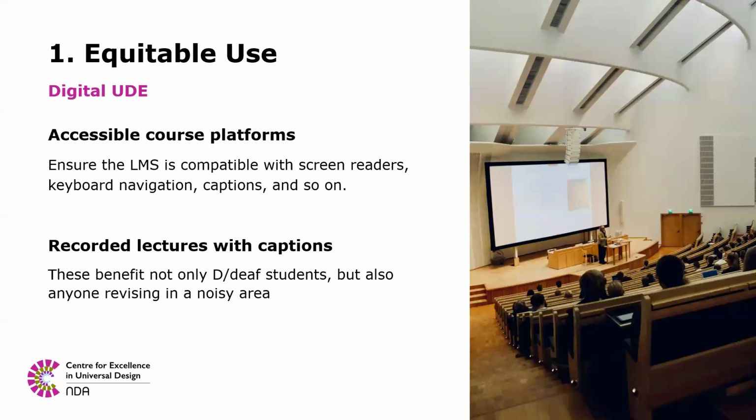So it's a good idea to ensure that the learning management system, the LMS, is compatible with screen readers, keyboard navigation, captions, and so on. Also, adding captions to recorded lectures. So these benefit not only deaf students or students with hearing loss, but also anyone revising in a noisy area, so illustrating the benefits of the universal design approach.